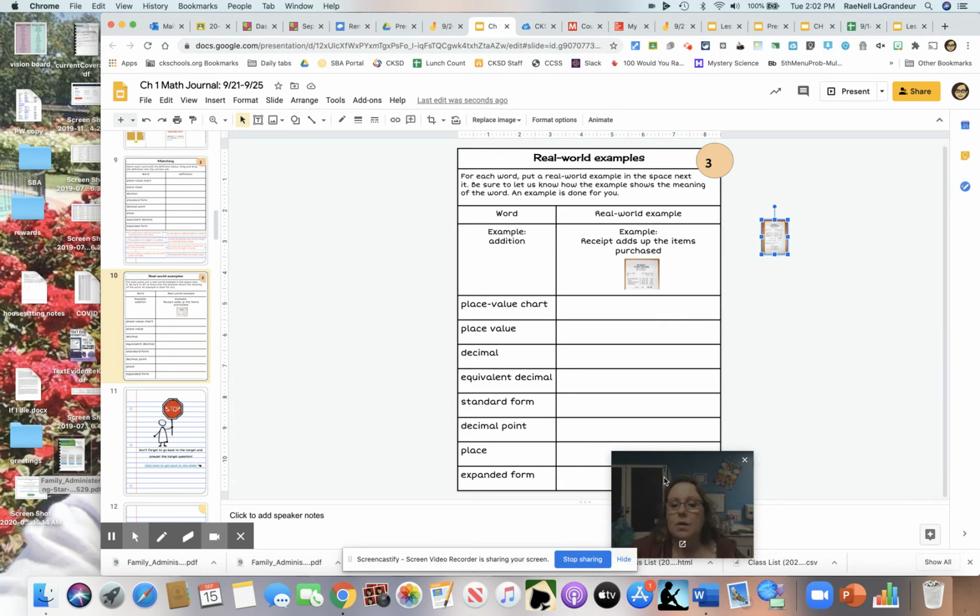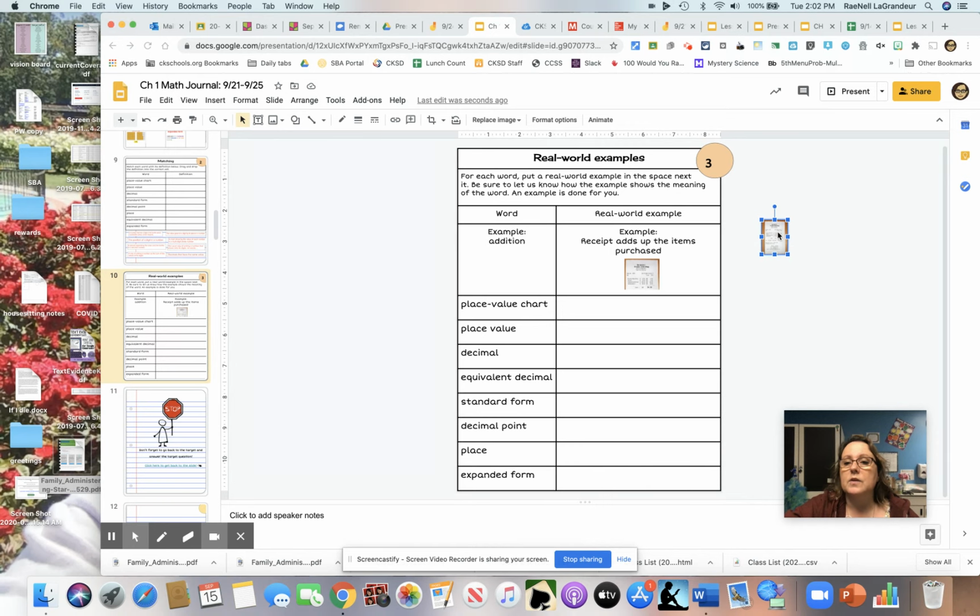I can figure that out. But you can figure out exactly what you want for your word, and you can put it right there. So you can find a real world example of place value chart, place value, decimal, equivalent decimal, standard form, decimal point, place, and expanded form. So that is how you do the vocabulary.